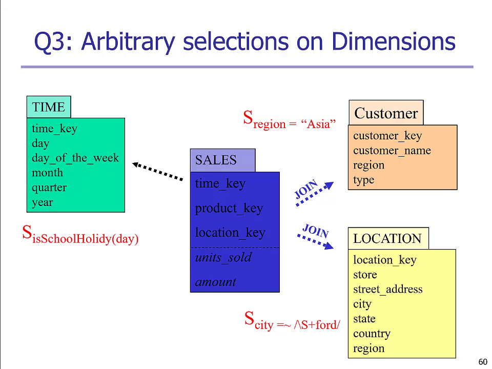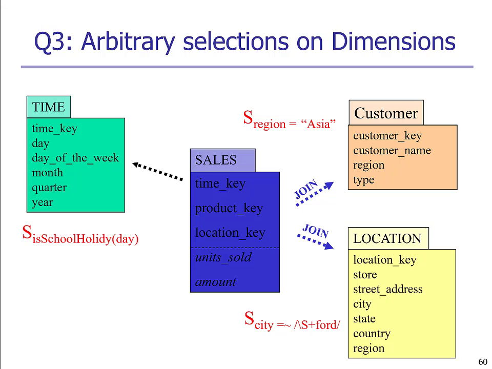For example, we want to select region equals Asia for the customer dimension, and we want to select a city which ends with Ford, for example Oxford or Kingsford, in the location dimension. And for the time dimension, we want to select those days that are school holidays.